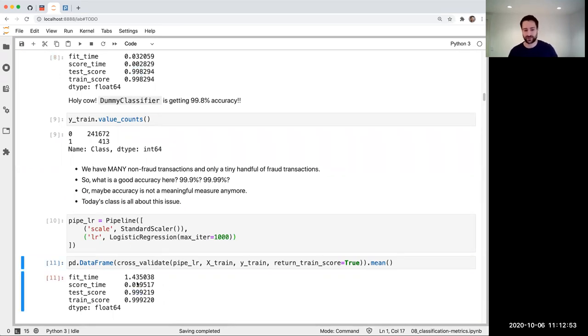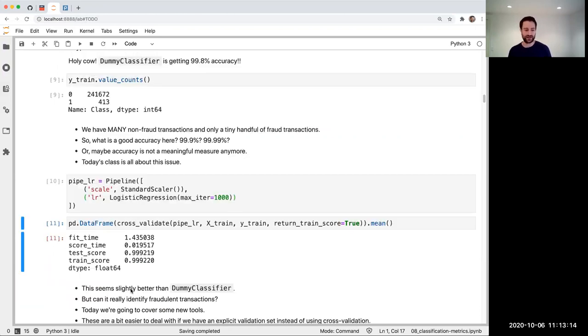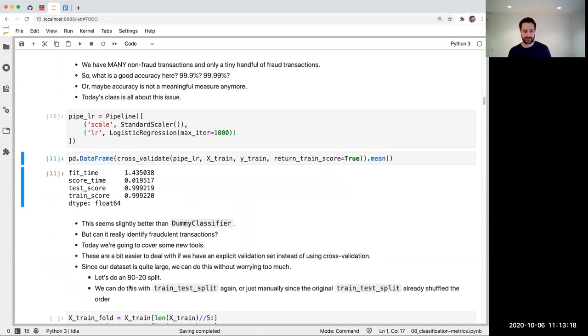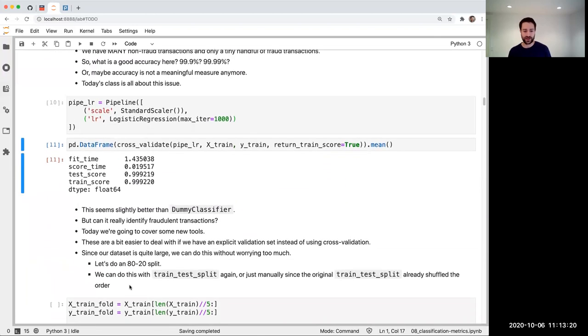So I guess logistic regression did do something, but I feel like we're kind of operating in the dark here because we just have no clue. Like, should we be happy with this or not? At least I have no clue. Like, okay, I'm the bank. Someone comes to me with this. Is this good? Should I use this fraud detection system or should I not? And so, yeah, let's get into some tools.